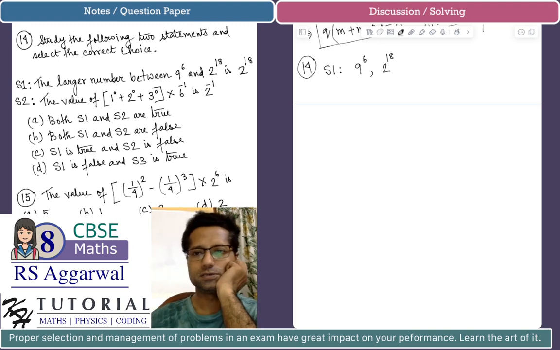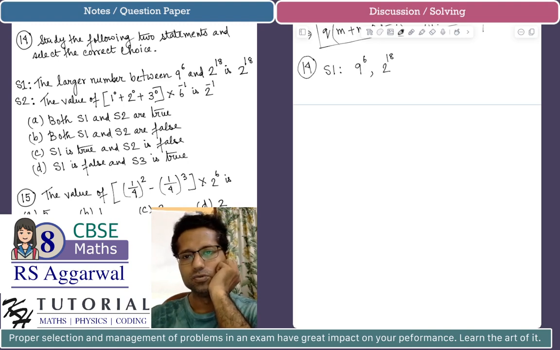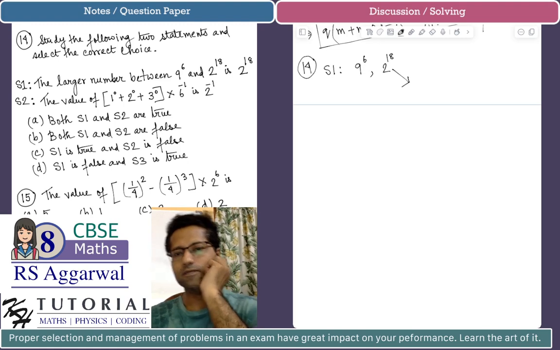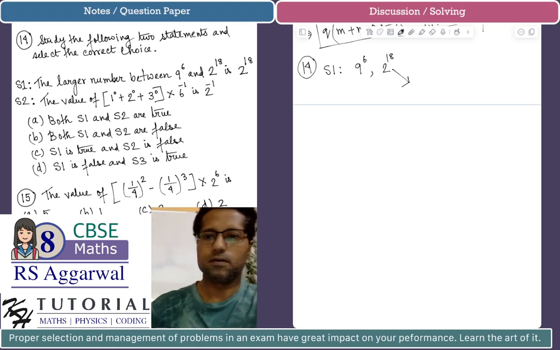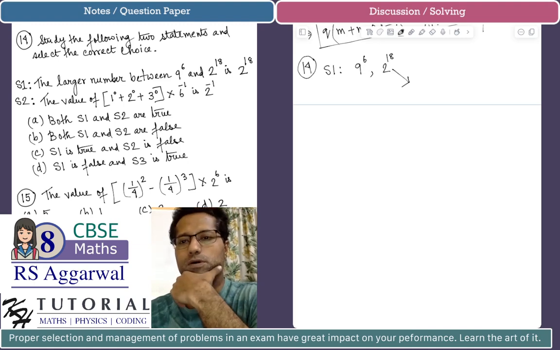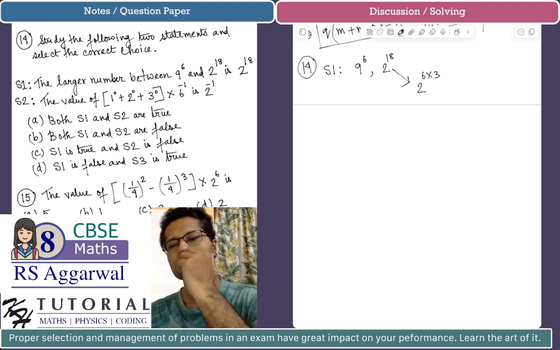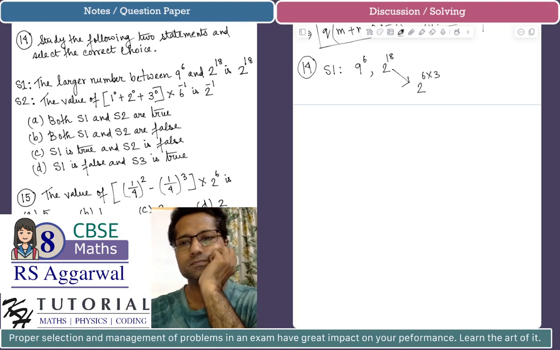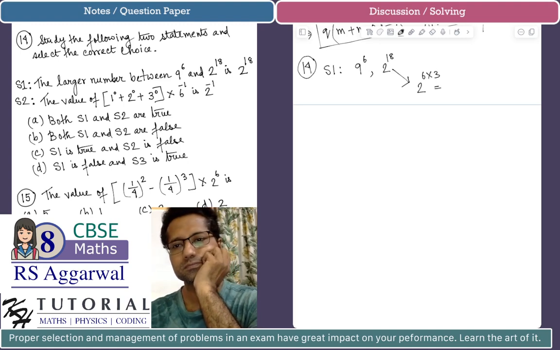9 to the power 6. Now how do we convert 2 to the power 18 to have the power as 6? We know 2 to the power 18 is 2 to the power 6 into 3.